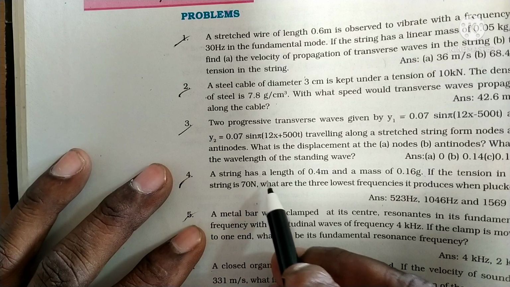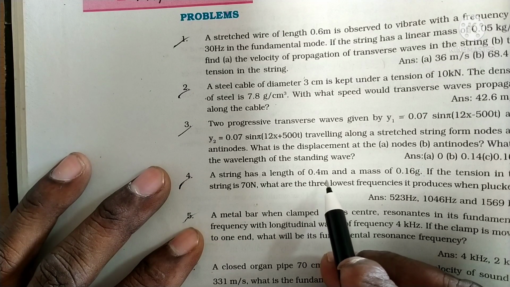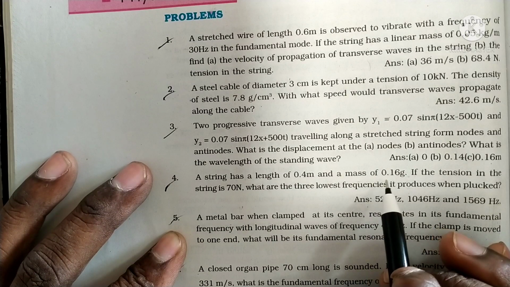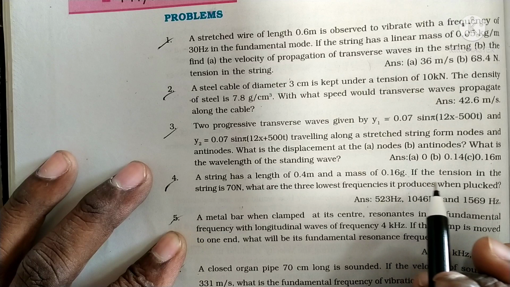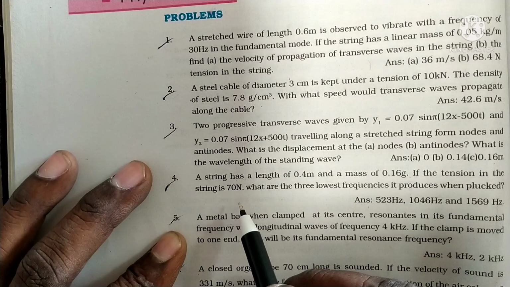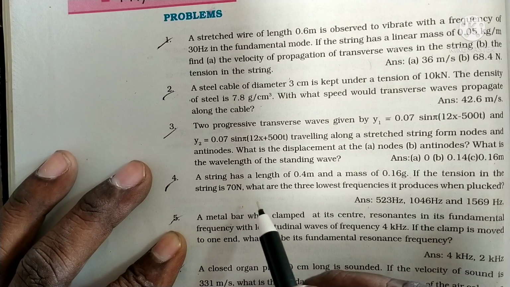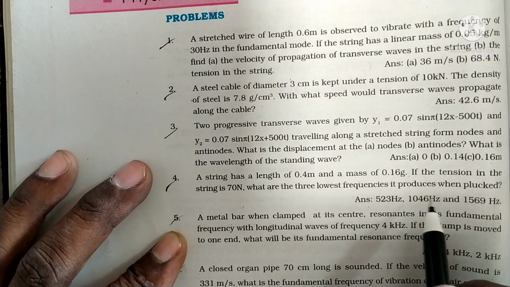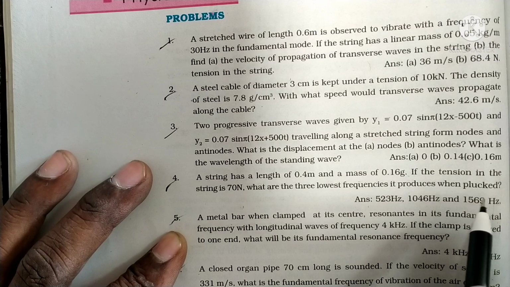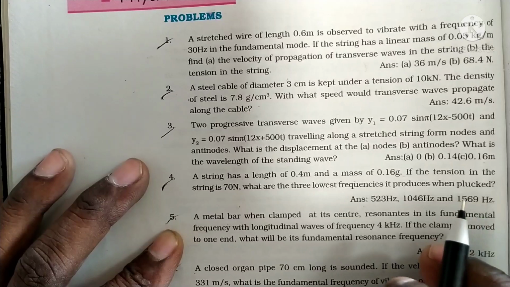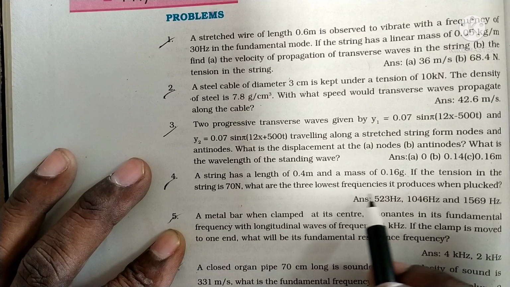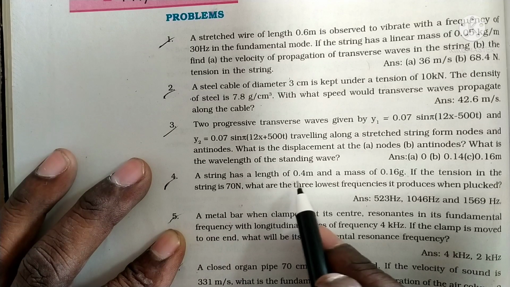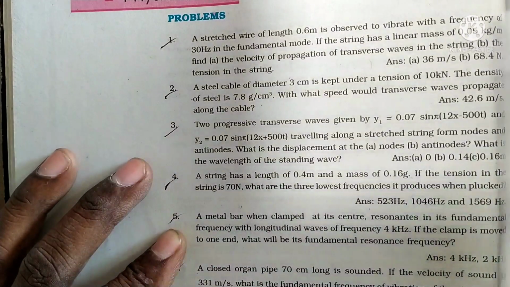Okay, the next problem is the fourth problem. A string has a length of 0.4 meters and a mass of 0.16 grams. If the tension in the string is 70 newtons, what are the three lowest frequencies it produces when plucked?